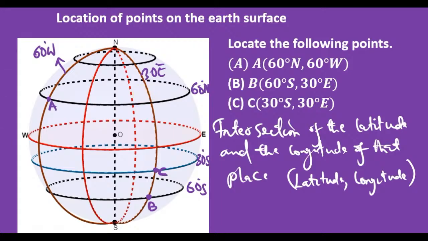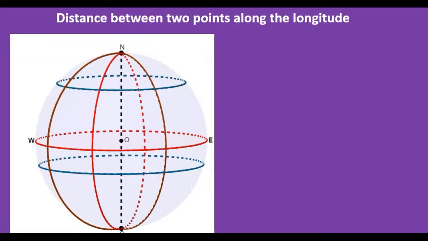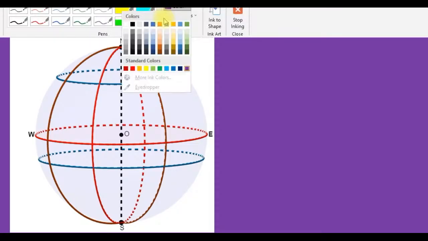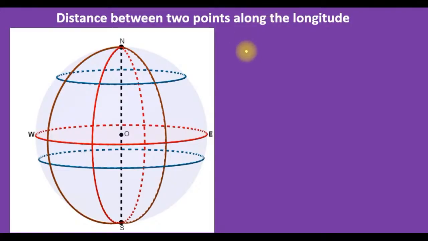So let's now move to calculating the distance between 2 points along the longitude. This is very, very important. For us to calculate the distance between 2 points, the 2 points must have a common latitude or a common longitude.